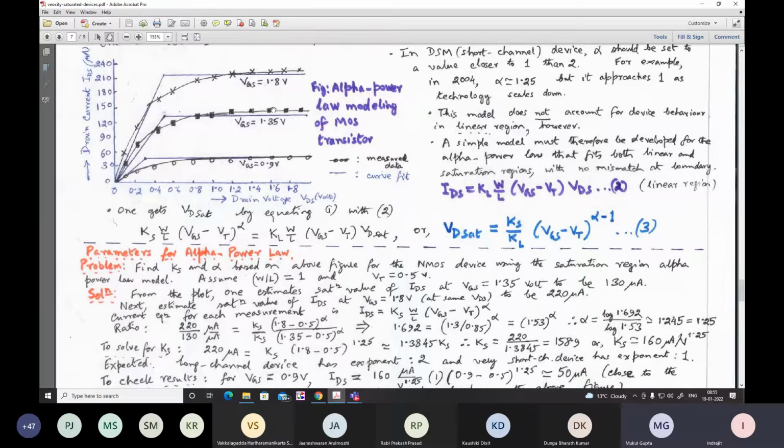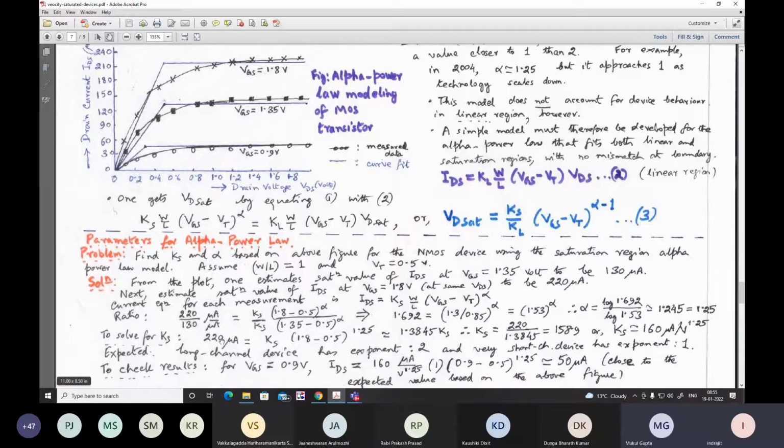From the plot, we can estimate the saturation current for 1.35 to be 130 microampere, and for 1.8 to be 220 microampere.